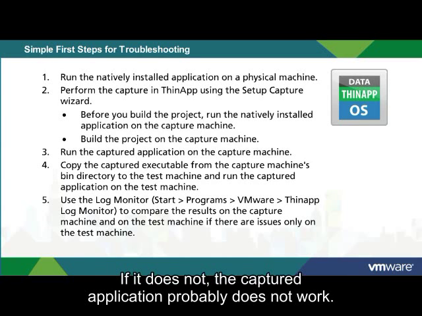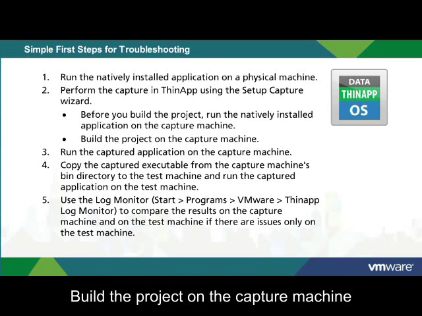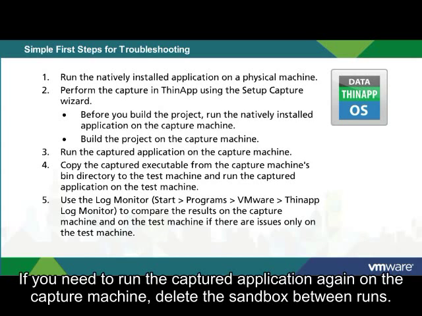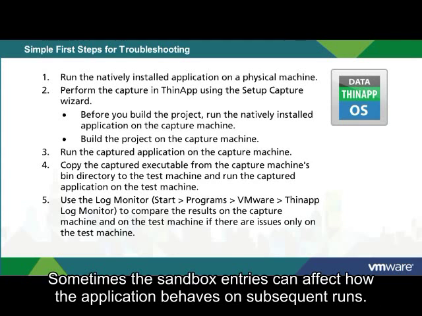If it does not, the captured application probably does not work. Build the project on the capture machine and then run the captured application on the capture machine to see if it works. If you need to run the captured application again on the capture machine, delete the sandbox between runs. Sometimes the sandbox entries can affect how the application behaves on subsequent runs.